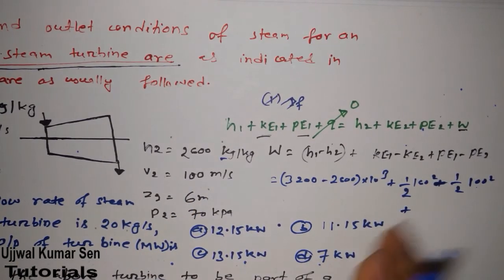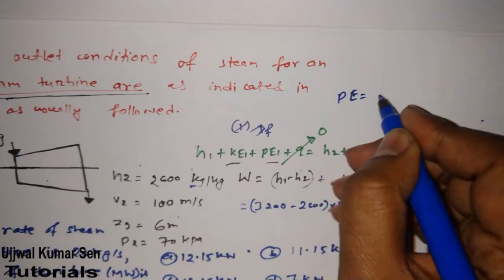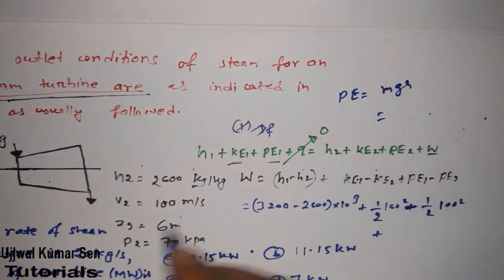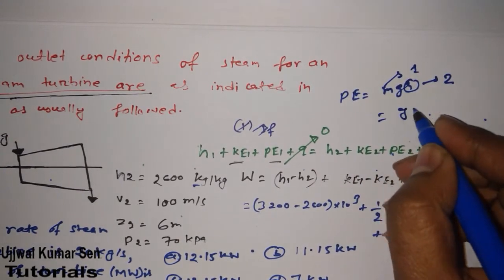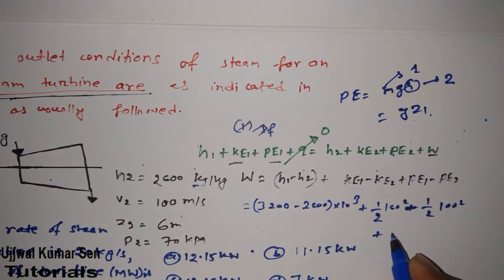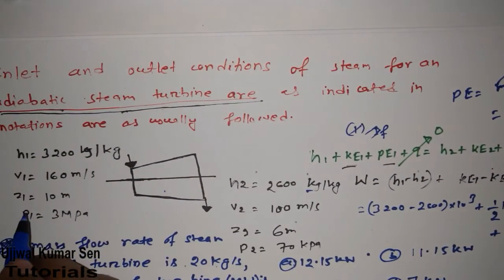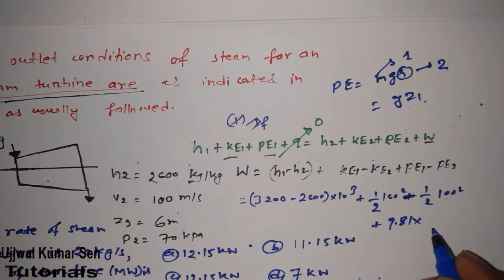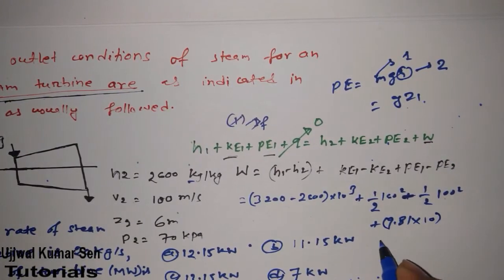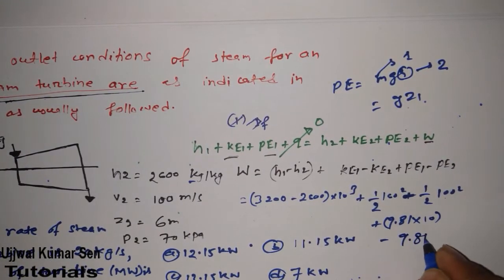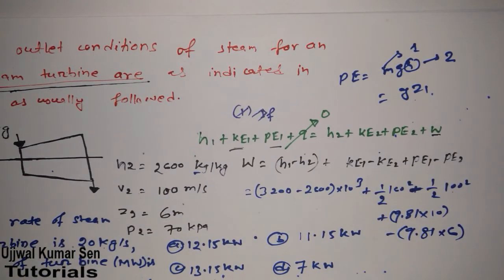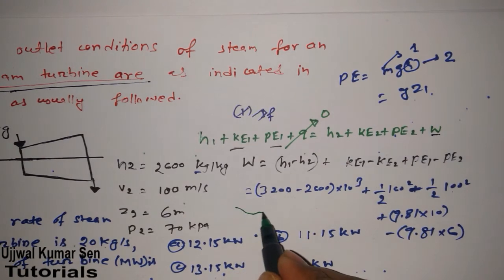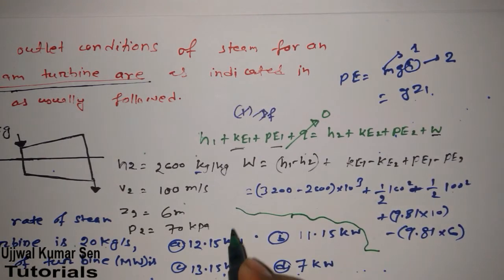Potential energy is mgh, so here h means z, and m is equal to 1, that means g z1. g is 9.81, Z1 is 10, and Z2 is 6. Keep all these in brackets. All good. Now we just do the calculation.